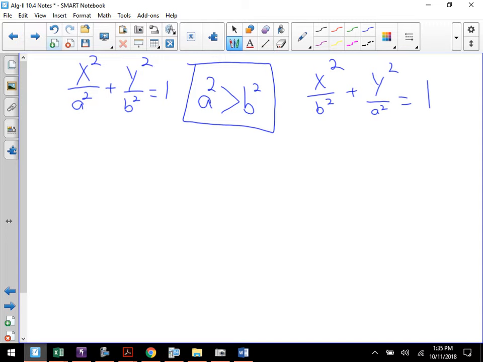So if the larger of the two numbers, a squared, happens to be underneath the x squared term, it means it's being stretched left and right. By process of elimination, if the a squared value is under the y squared term, which way is it being stretched? Up and down. Okay? That's what this looks like. And that's how I always start talking about the ellipses, so we understand where things are going.